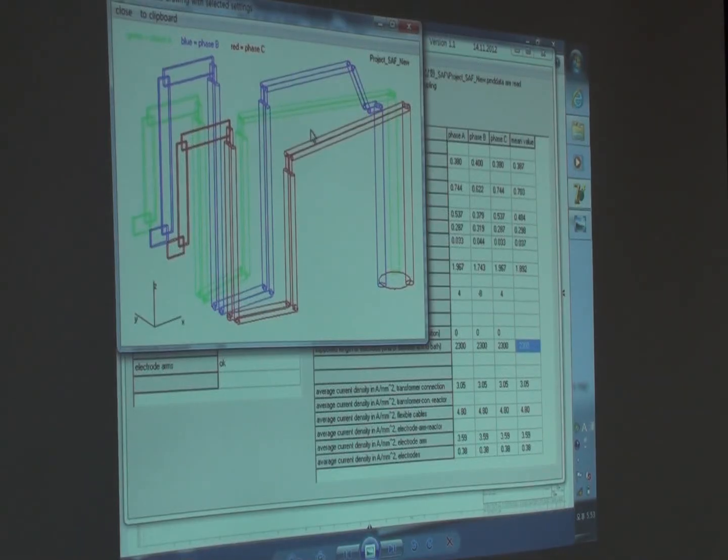Is it also in ladle furnace? No. This is a submerged arc furnace. We have ladle and this is coal. This is not a steel furnace.